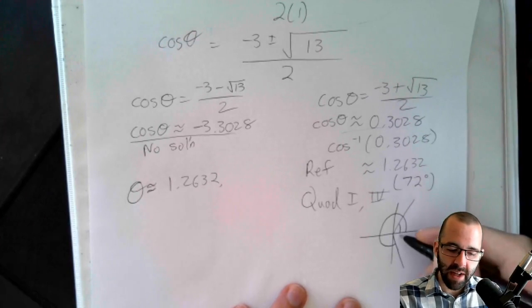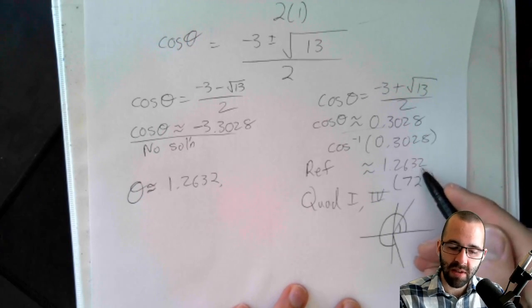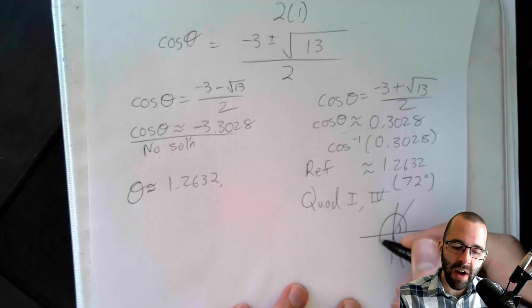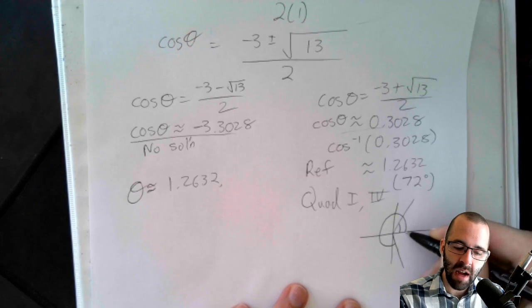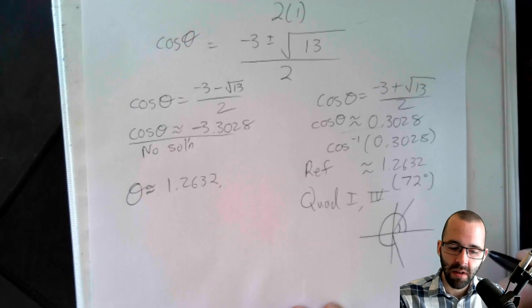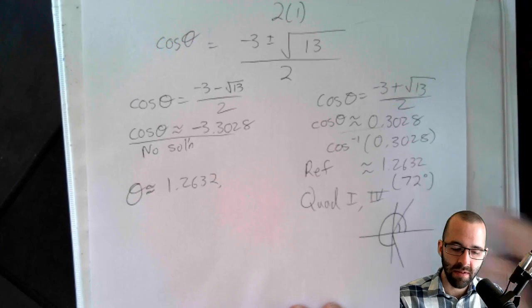But we know the reference angle. The reference angle is that 1.2632, about 72 degrees. So you could go all the way around 2 pi radians and then just go back the reference angle. In degrees it would be about 288, I think.